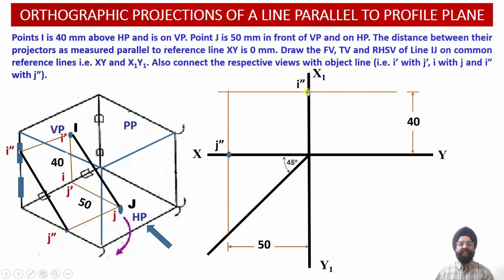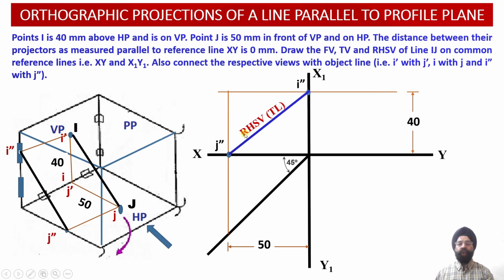So I double dash has been located 40 mm above the horizontal plane and in the vertical plane, whereas point J double dash has been located 50 mm in front of the vertical plane and in the horizontal plane. Now we can join I double dash with J double dash.